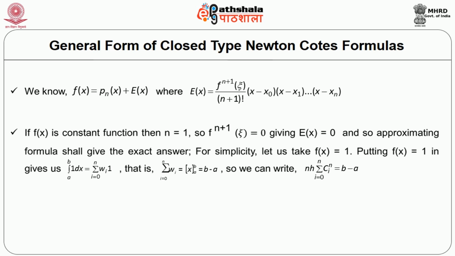And therefore we can say that our integral formula gives an exact result when f(x) is constant. Let us say f(x) equal to 1. So if f(x) is 1, the integral a to b of f(x) dx is the integral a to b of 1 dx, which is b minus a, that is equal to nh. And our Newton-Cotes integration formula is nh into sigma NCi yi, because the integration formula is sigma wi yi and wi's are nh into NCi.